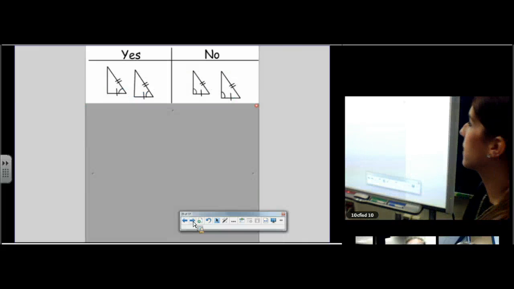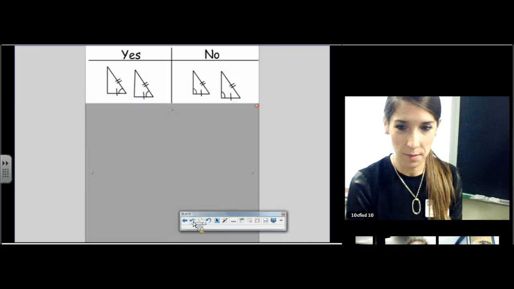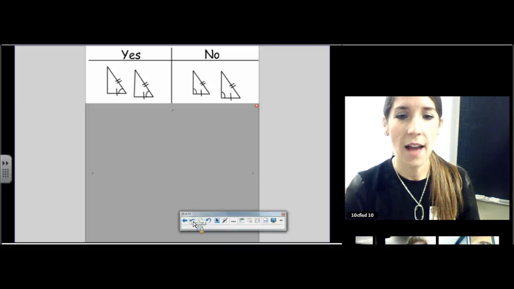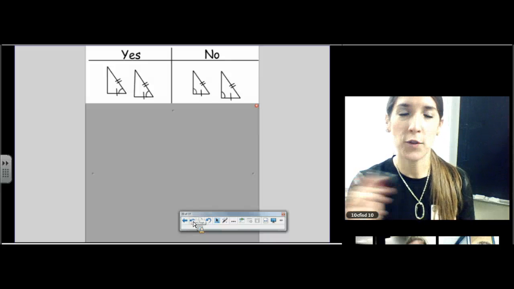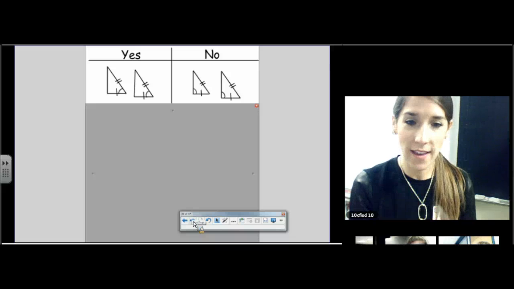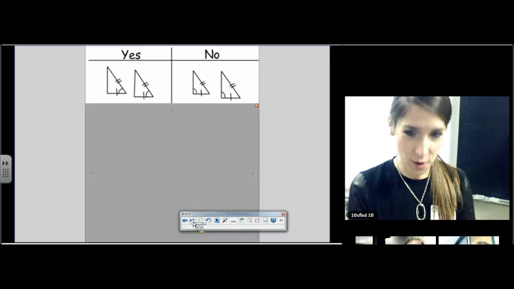So we're going to talk about what the word included means because it is important. So I have 2 columns. I've got a yes column and I've got a no column. We're going to look at each pair of triangles and I'm going to drive my little screen shade down and you're going to decide why the yeses are yeses and why the nos are nos.